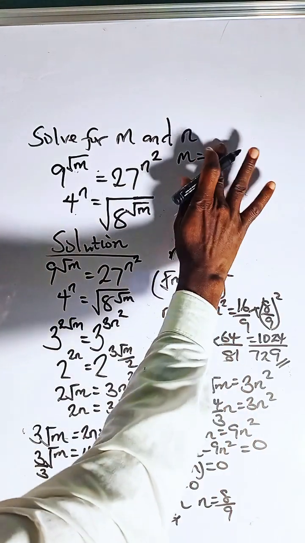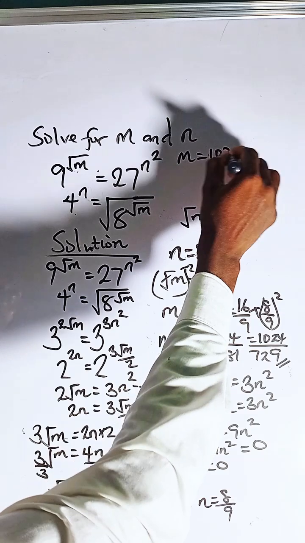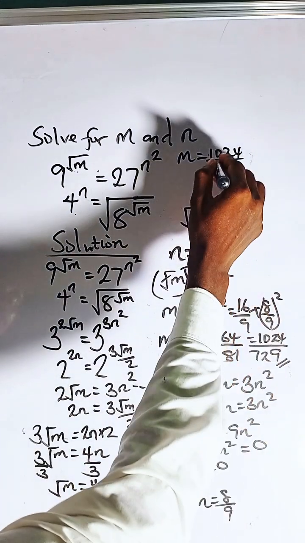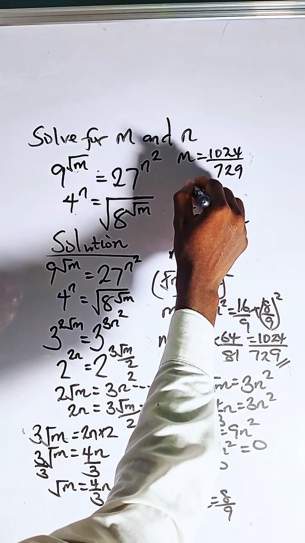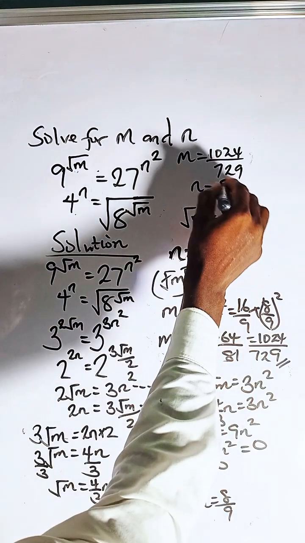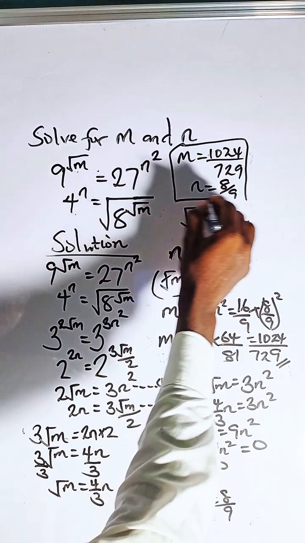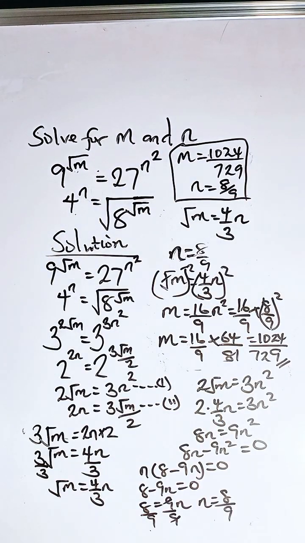Sorry, the value of m is 1024 over 729, and the value of n is 8 over 9. So this is our answer. Thank you very much.